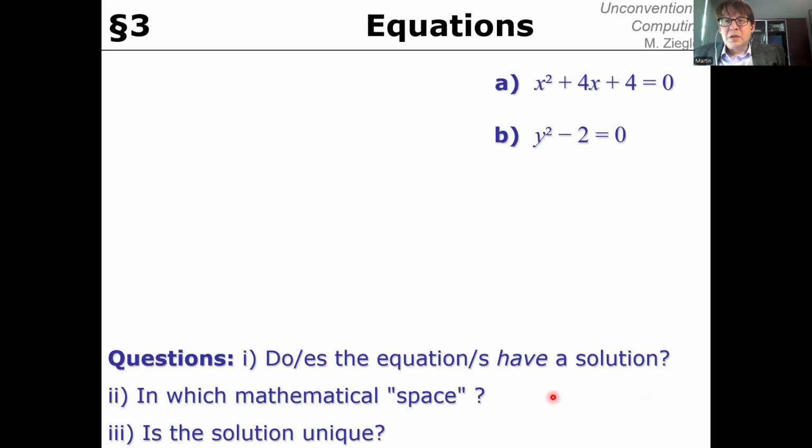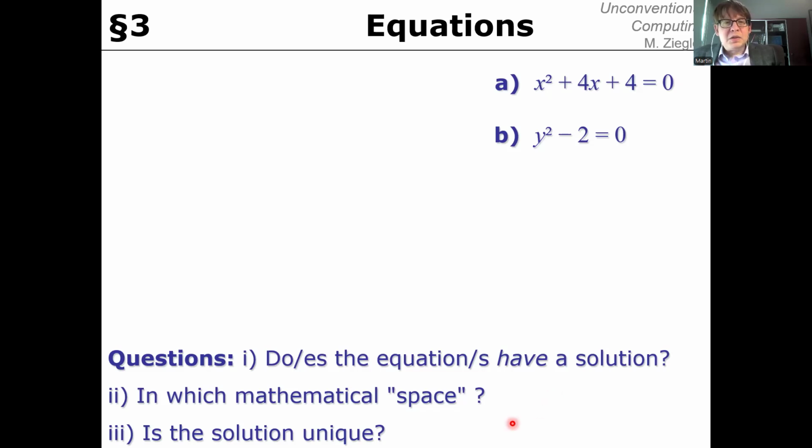A Greek mathematician had to die; he was drowned for proving that the square root of 2 is not a rational number, because at that time it was an almost religious belief that every number is a rational number, a ratio of two natural numbers, but the square root of 2 is not. So in which space does this solution live? It's the space of so-called algebraic numbers, which includes all square roots, triple roots and so on.